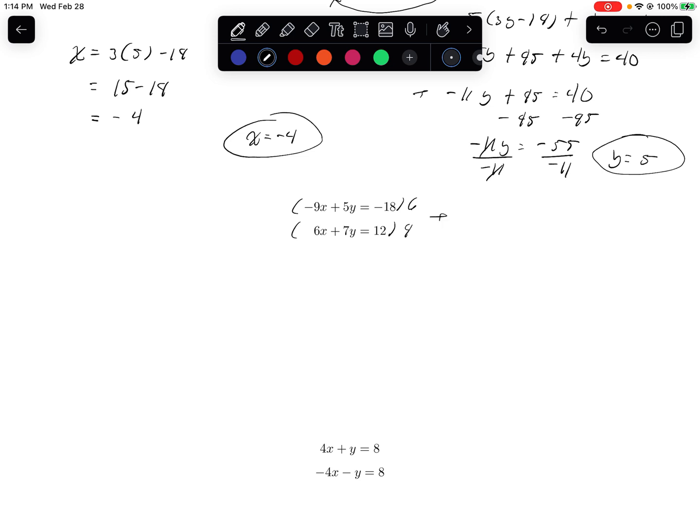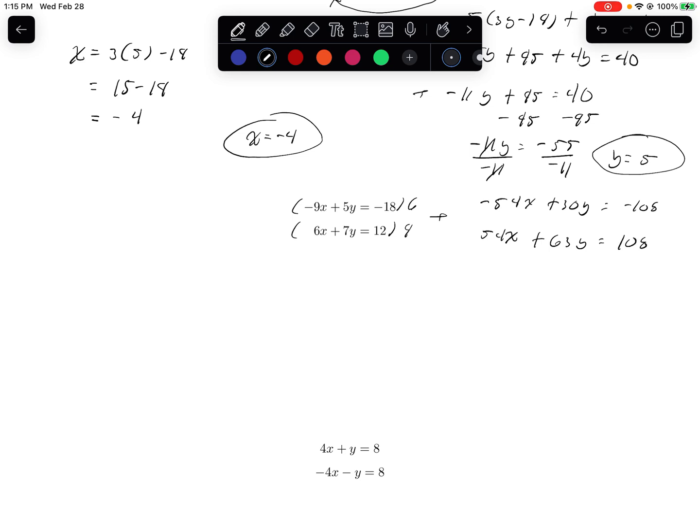Okay, so if we do this equation here by 6, we'll get negative 54x plus 30y. Okay, then we'll have that is equal to negative 108. And then here we'll have positive 54x, okay, plus 63y. And then we have 9 times 12, which is 108.